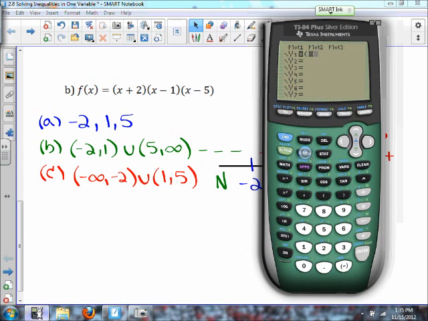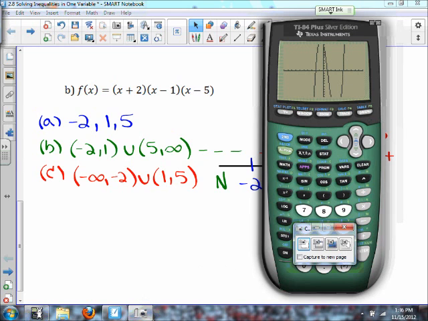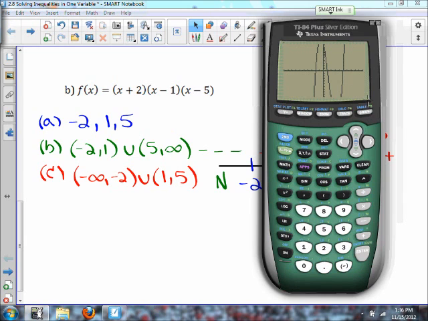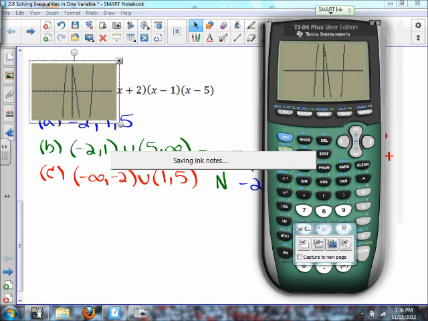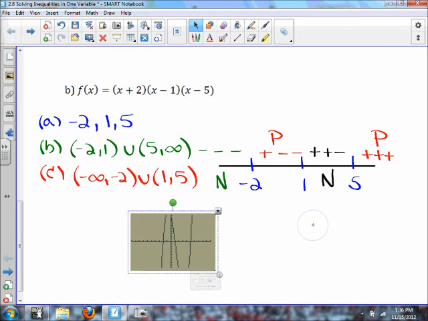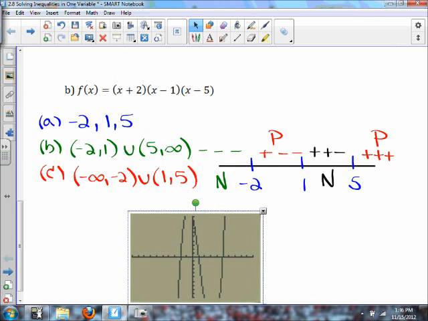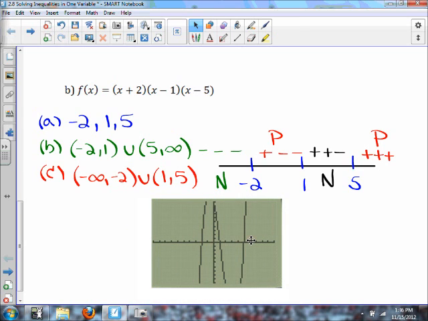and we put x plus 2, x minus 1, and x minus 5 into our calculator, you will see that from negative 2 to 1, it'll be positive, along with 5 to infinity.